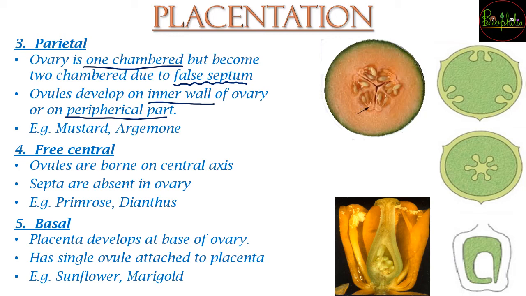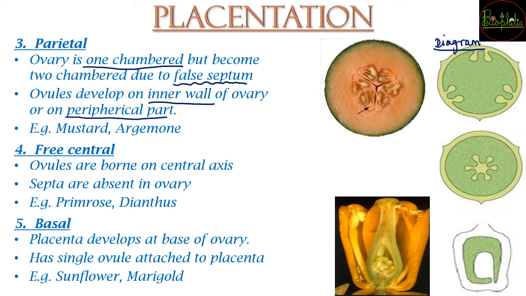Or if you have cut a muskmelon, then even on cutting a muskmelon you can see such type of parietal placentation. So for parietal placentation, you can draw such a diagram. You can also rewind the video for a few seconds and try to differentiate between the placentation for parietal and axial.